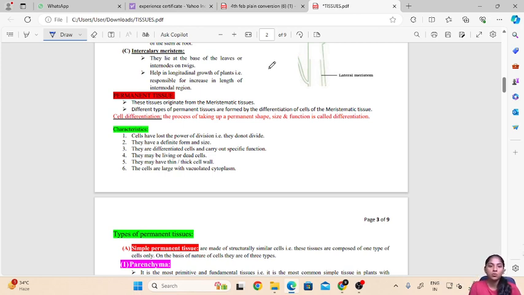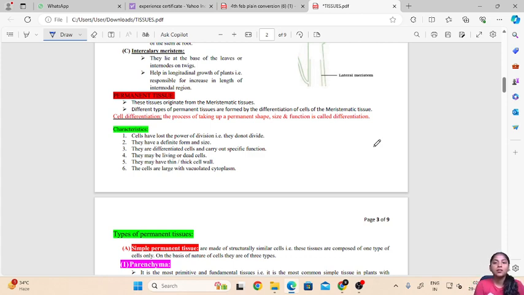Different types of permanent tissue are formed by the differentiation of cells of the meristematic tissue. Now what is cell differentiation? Cell differentiation is the process of taking up a permanent shape, size and function and losing the ability to divide. So this is called cell differentiation.